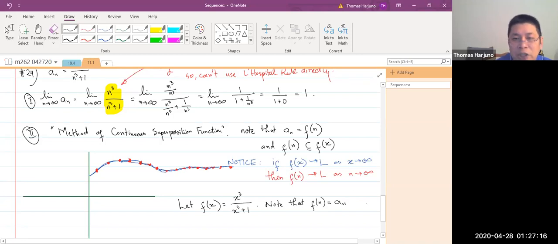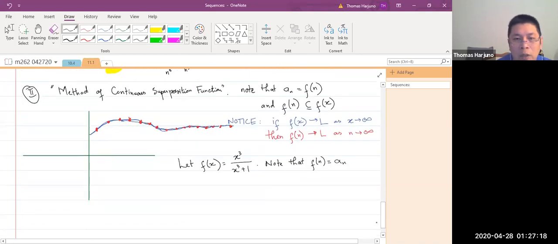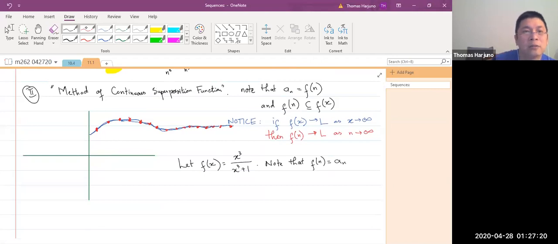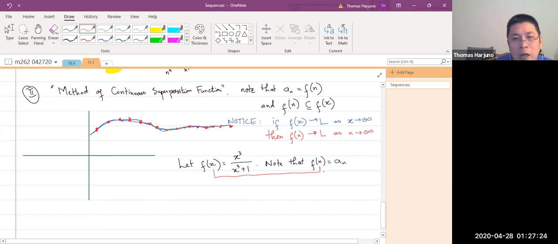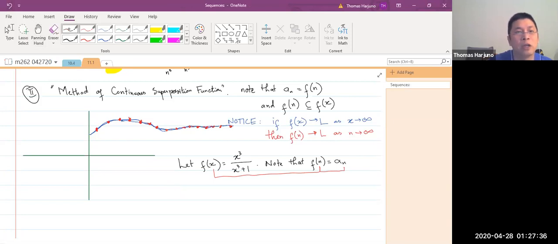If I change the x, which is a real number, into n, then I get the sequence. Now let's see what happens to the limit of this continuous function.